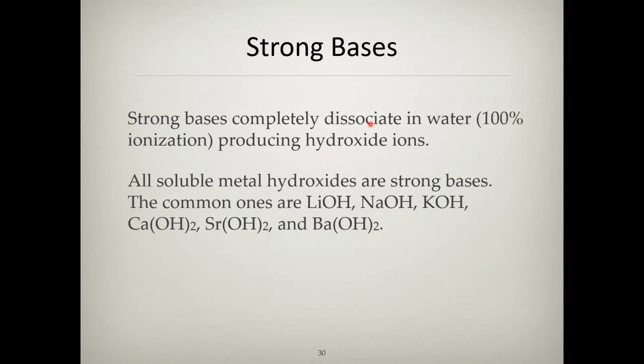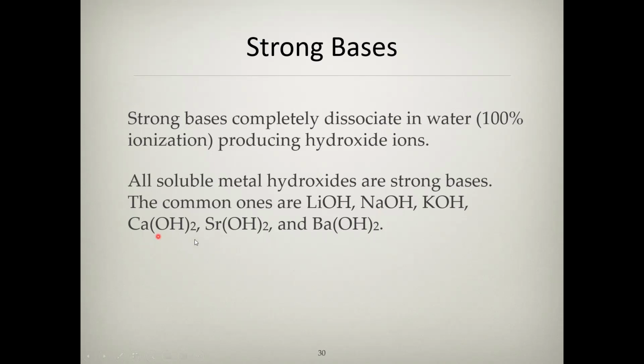But with the strong bases, these are going to be the same idea, where they're going to completely ionize, they're going to completely dissociate. So if we looked at something like lithium hydroxide, when we take that substance and dissolve it in water, we're no longer going to have the lithium and the hydroxide together. They're going to completely separate into just the lithium plus one ion and the hydroxide negative one ion. And then the same thing with the rest of these.